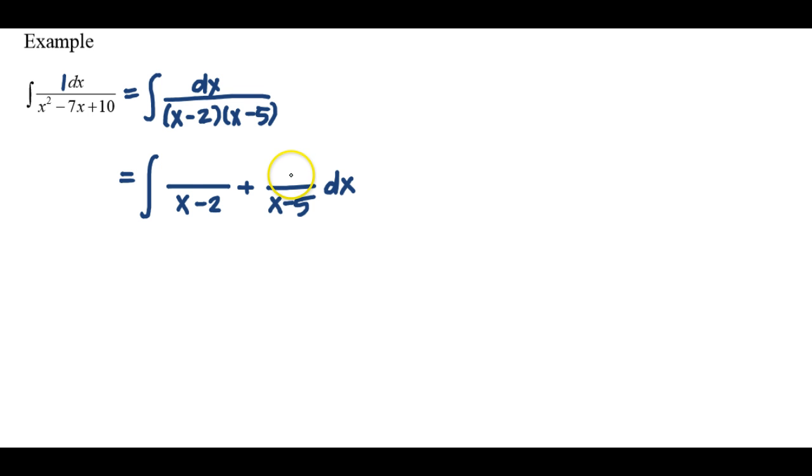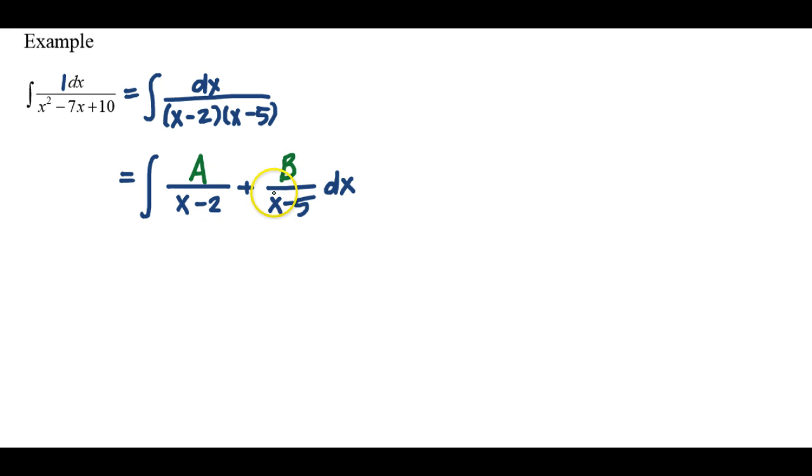Now what is true always, because we have linear terms on the bottom, because I have an x minus 2 in the denominator, what's always going to be above it is a constant, just a number. So we're going to indicate that number right now with a variable, and I'm going to call it a. And above this linear term, x minus 5, is going to be a different variable, and I'm going to call it b.